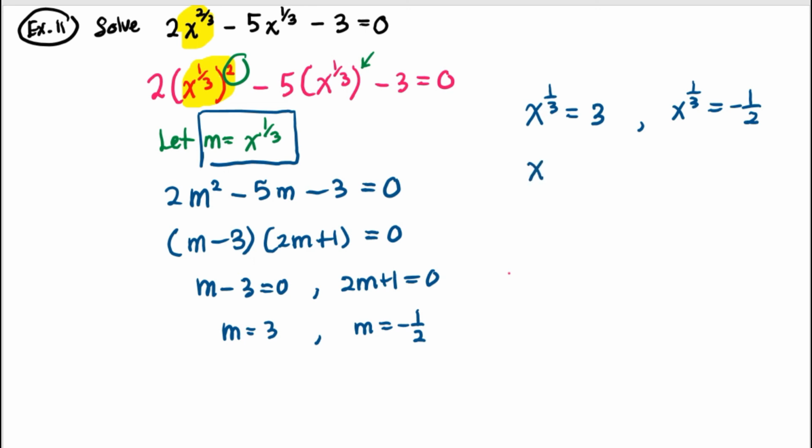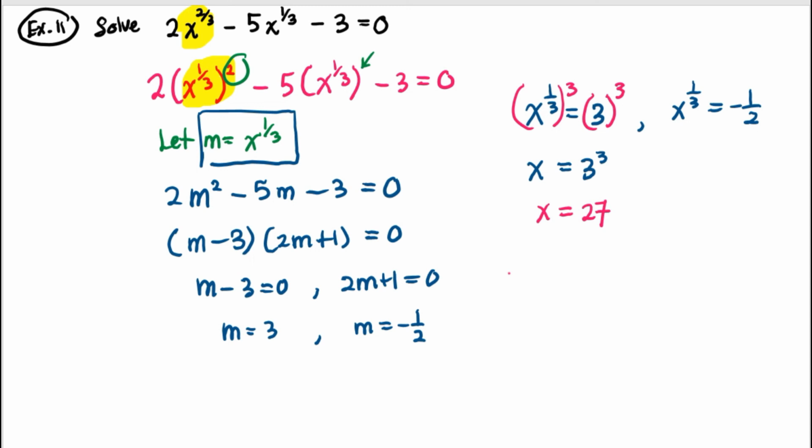You have to take the power of 3 on both sides. So I have x equal to 3 to the power of 3. Why? Because to remove the power of 1 over 3 on the left side, I have to take the power of 3 on both sides. So this one will become x to the power of 1, which is actually equal to 27.